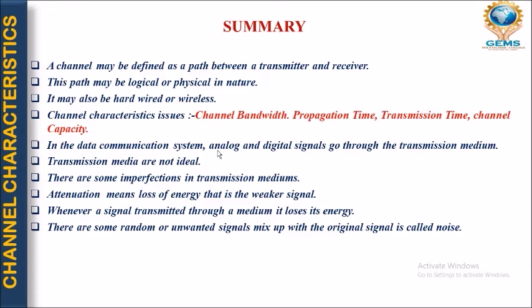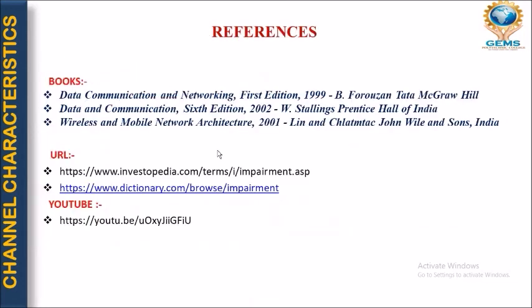There are some random or unwanted signals which are mixed with the original signal, also known as your noise. Noise may be of so many types, just like thermal noise, crosstalk, and all that.